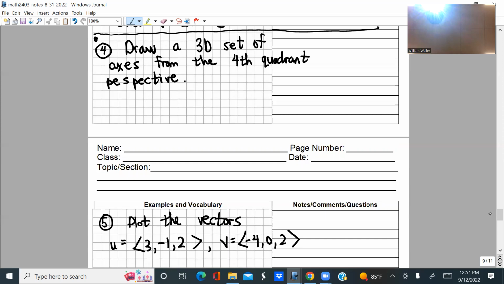So you've got a fourth quadrant perspective. You're looking above the fourth quadrant, and then we're going to try to plot these vectors. That'll be fun because they're not going to come out great. But we're going to try to plot those vectors and compute the angle between them. That's what we'll do when we come back. Let's come back at 12, and then we'll try to do this.